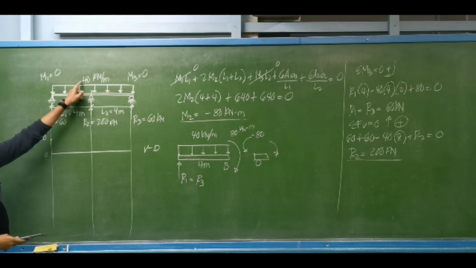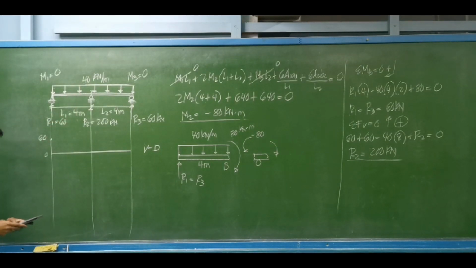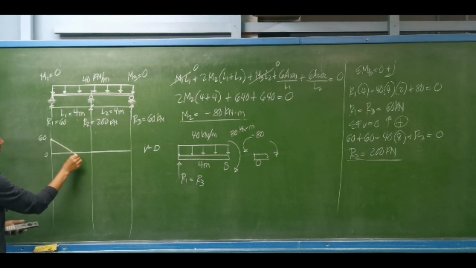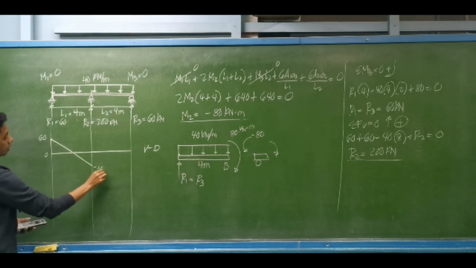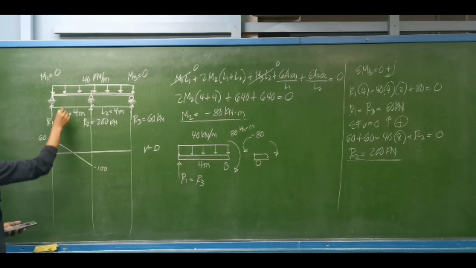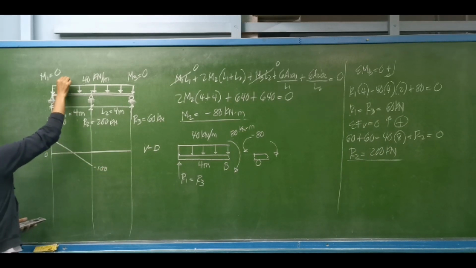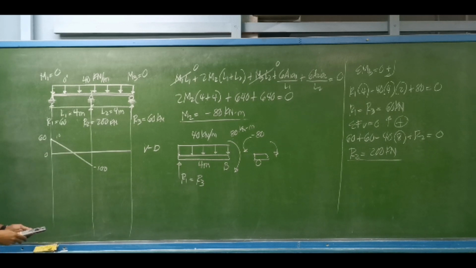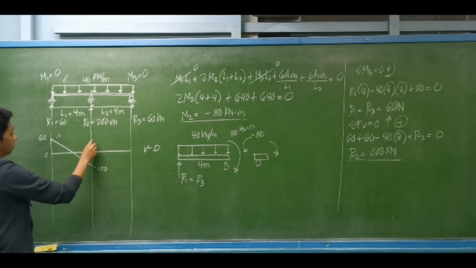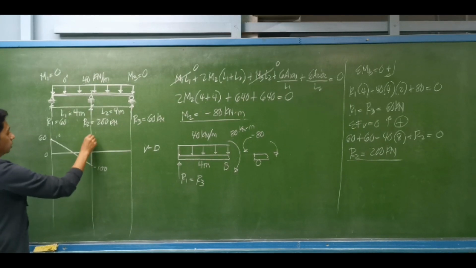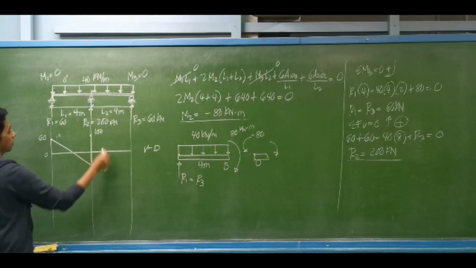Then we have 60 minus 40 times 4, which is equal to negative 100. This is first degree since the loading is a 0 degree load. Negative 100 plus 200 gives us a value of 100.